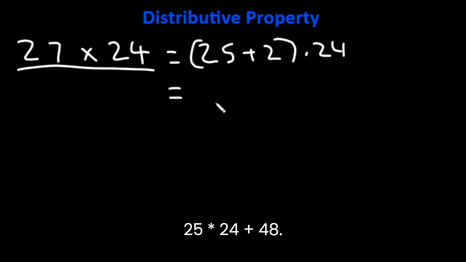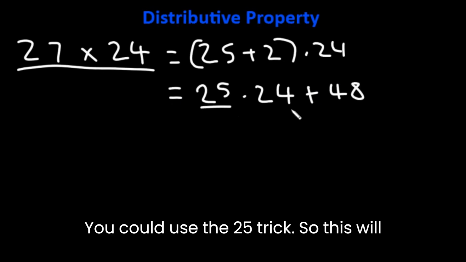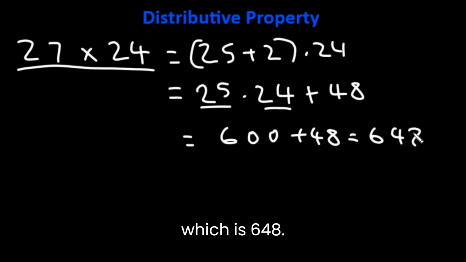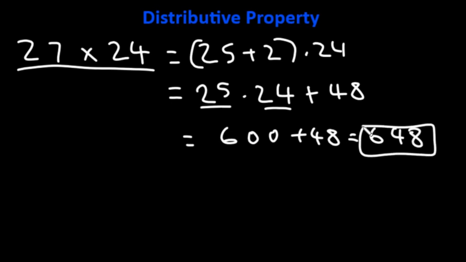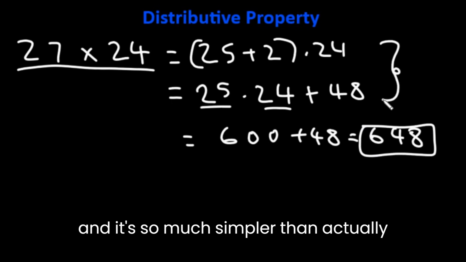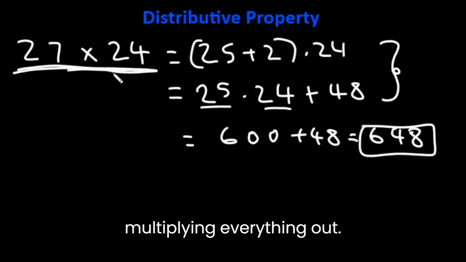So this will be 25 times 24 plus 48. You can use the 25 trick, so this will be 600 plus 48, which is 648. You can perform all this in your head, and it's so much simpler than actually multiplying everything out.